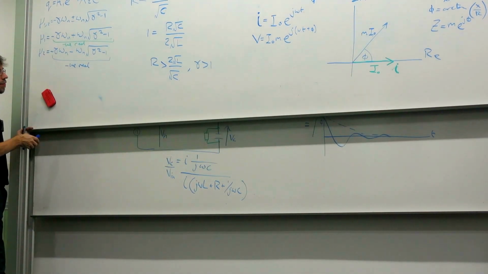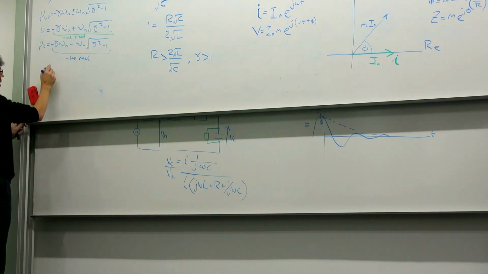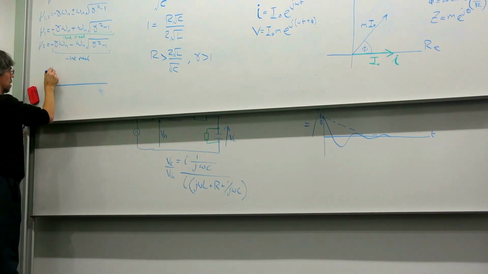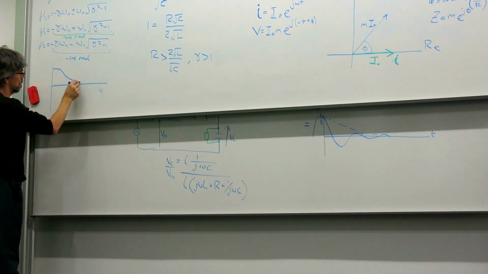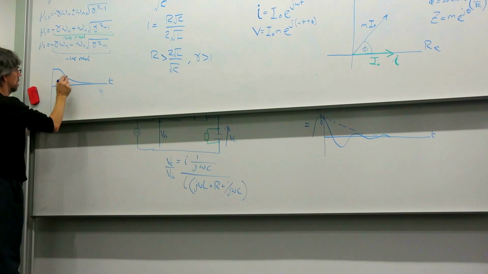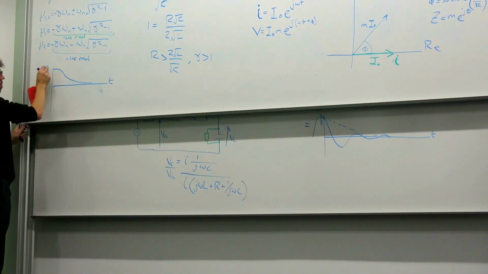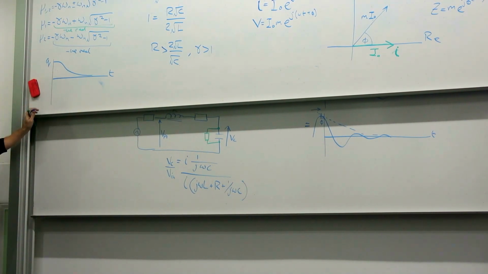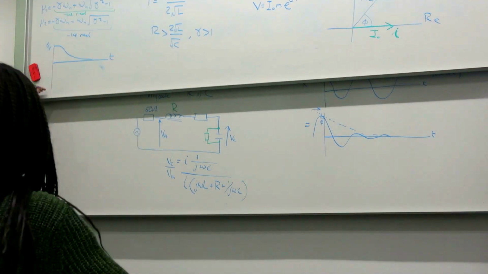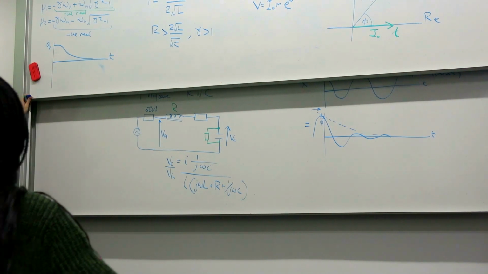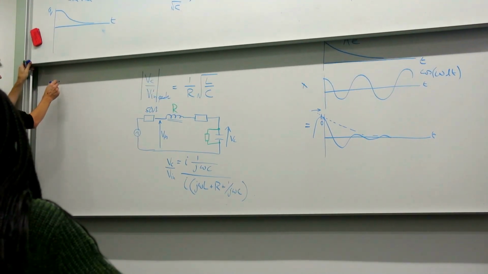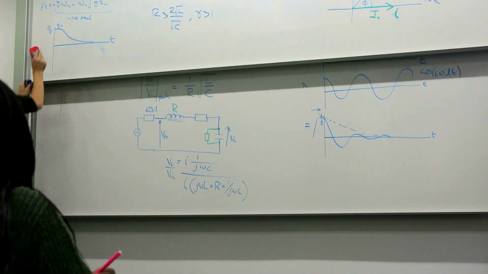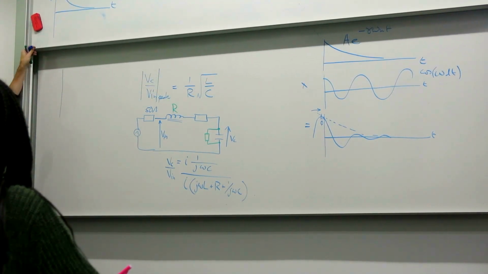So for example, let's say that's the actual Q that we see, but we want to make that up from two exponentials. Let's say it's got value q0 at the start.